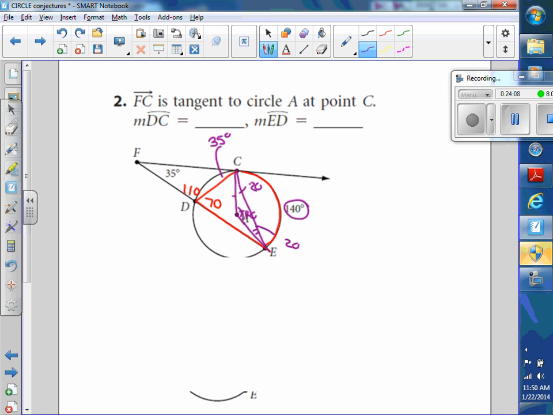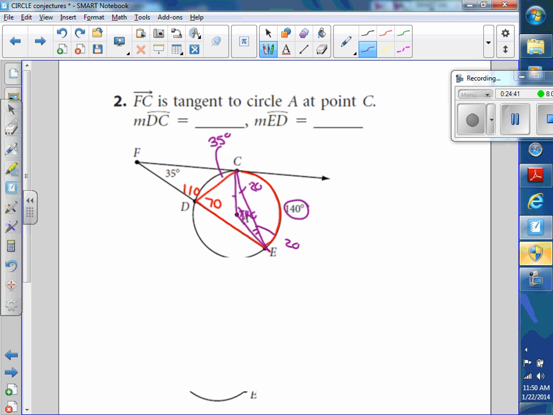What did you do, Cyrus? Good so far, Abby. I just did the same thing, but then you keep going. You add 35 and 20 and then subtract it from 180, and that gives you, sorry, there are two more angles, so it's 125, and then you have D. That is what I did.